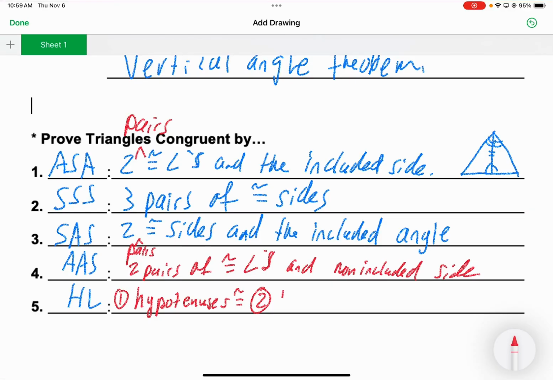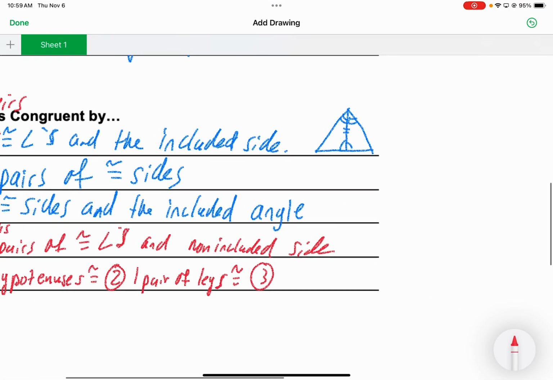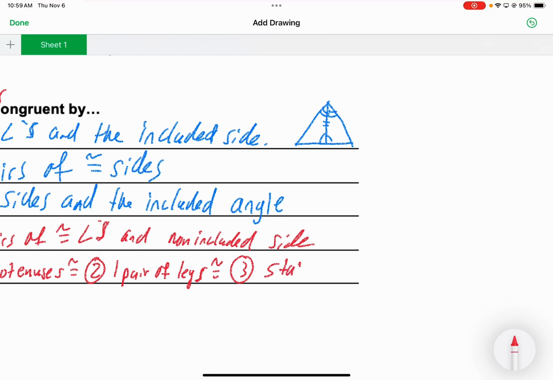Legs congruent. So 1 pair of legs congruent. And then there's a third thing that you guys need to show for HL theorem. Does anybody remember what it is? Yeah, more so right triangle. So you have to state right triangles. And then you can do it by HL.